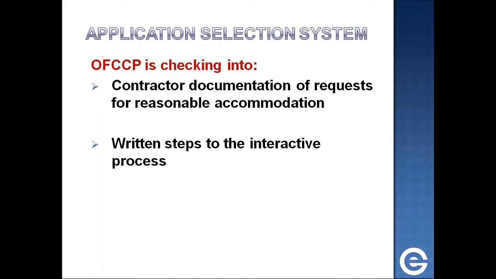So the OFCCP is checking into contractor documentation of requests for reasonable accommodation. So you need to also have a log. If you have a request for a reasonable accommodation, track the employee, their title, their EEO code, the date they made the request, what the request for accommodation was, and what the accommodation was.